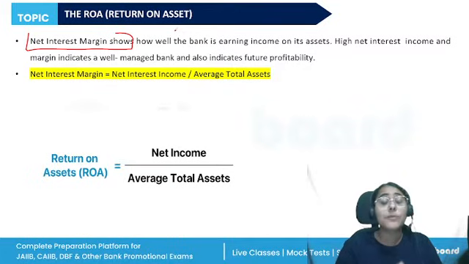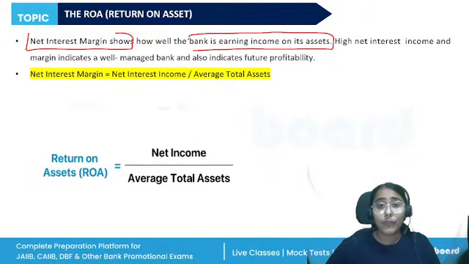That is why conceptual and theoretical knowledge and understanding is very important, right? So the net interest margin shows how well the bank is earning income on its assets. A high net interest margin indicates a well managed bank and also indicates future profitability.